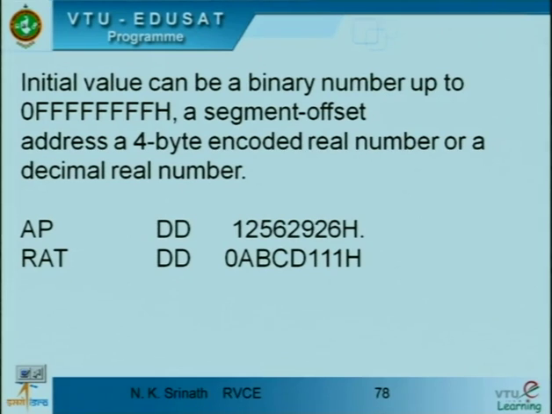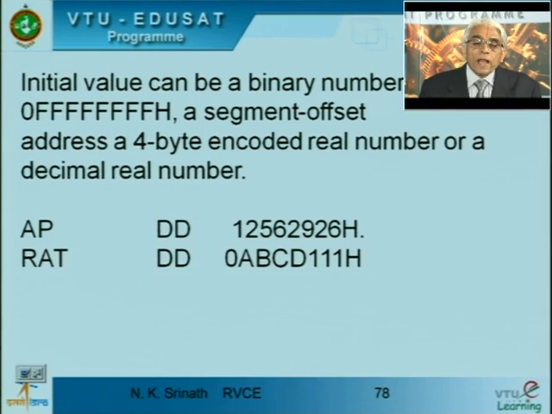Try to understand that whenever you give a hexadecimal number, the assembler will not accept it unless the first character is a numerical, because it does not differentiate between a string and a number unless we explicitly mention it. So when a hexadecimal number is given, as in this particular case, RAT is DD 0ABD111 hexa.